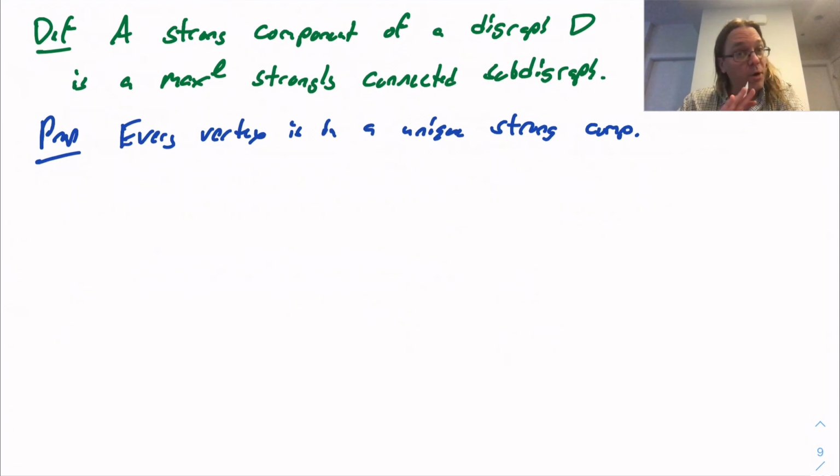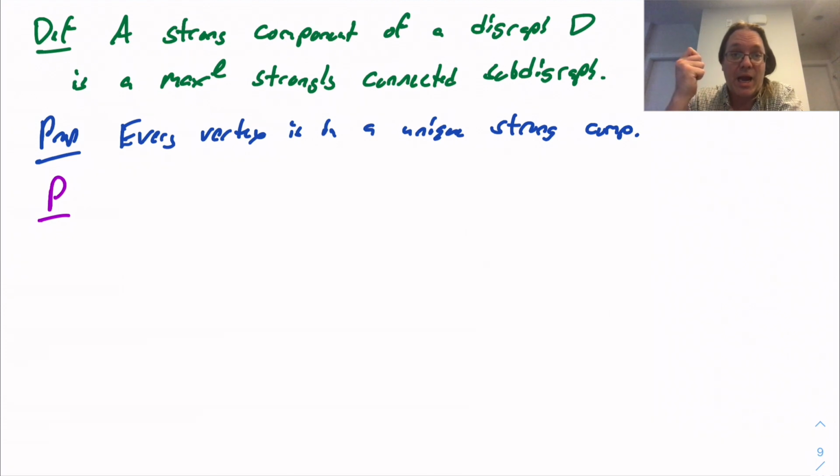So this part is looking just like connectedness in undirected graphs. In undirected graphs, we have this notion of component. Every vertex lies in a unique component. We have the same thing happening here, and it's for exactly the same reasoning. We've just set things up so they line up just as they did before. This is very, very easy to prove. Why?